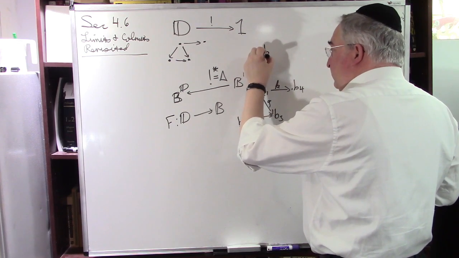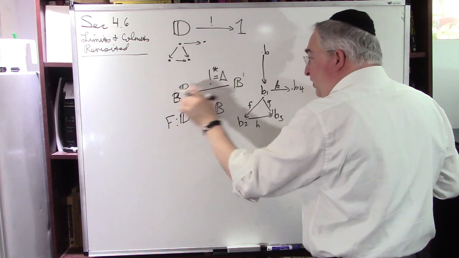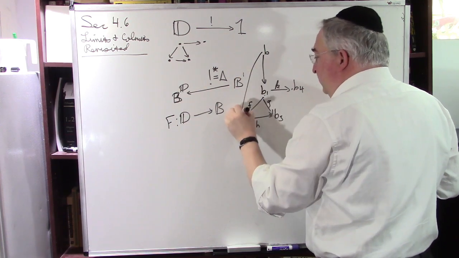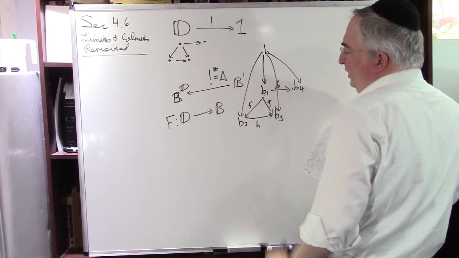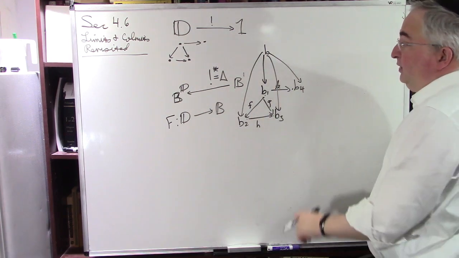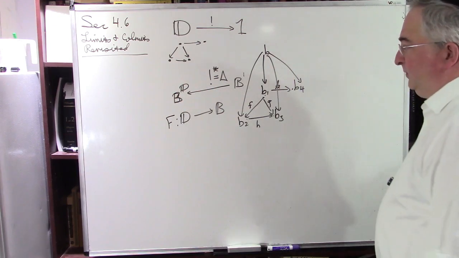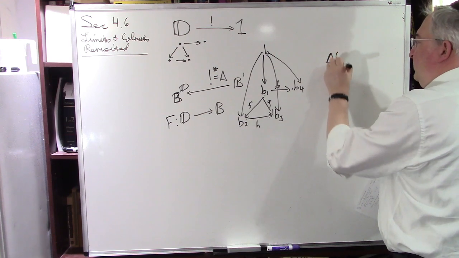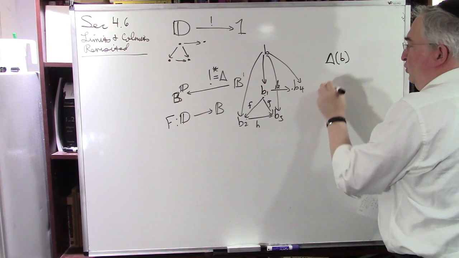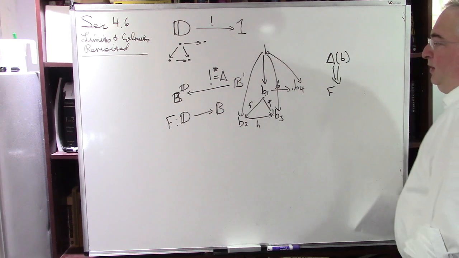So you're going to have a morphism like this, a morphism like this, a morphism like this, and a morphism like that. This is all in B. So that is a natural transformation from this to this. Let's write that out. It's a natural transformation from the delta of B to F, and we write that like that.